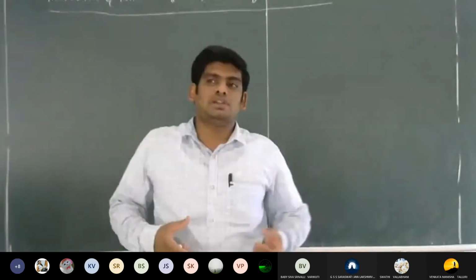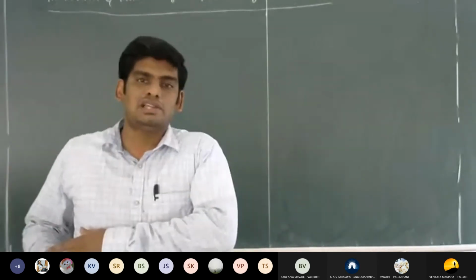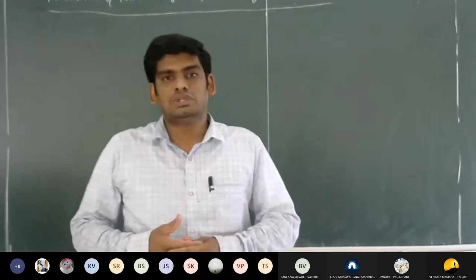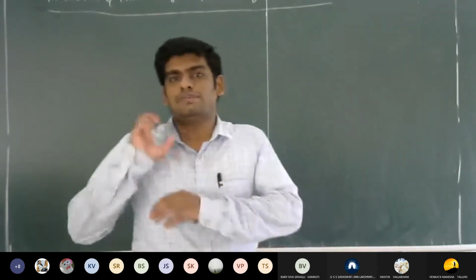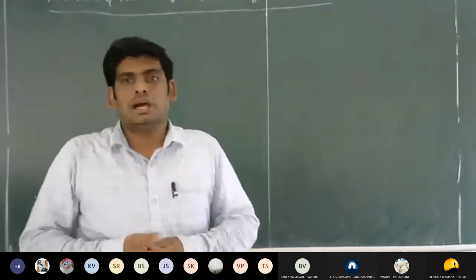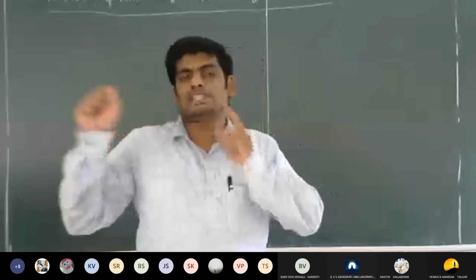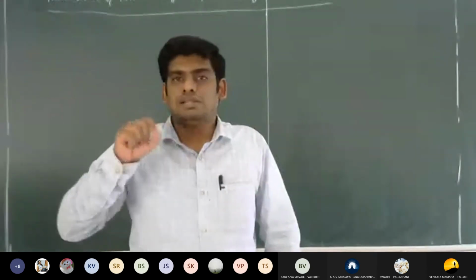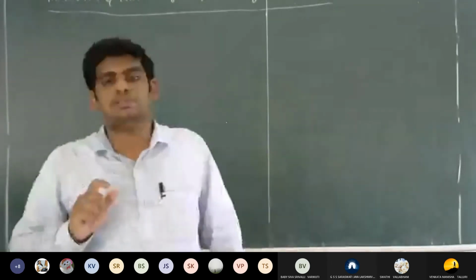For every function, it may have a maximum value or minimum value, or it may not have a maximum or minimum value. For some functions there exists a maximum value. Suppose I take one function f of x in the interval a comma b, at the point c which lies between a and b, the function has a maximum value.